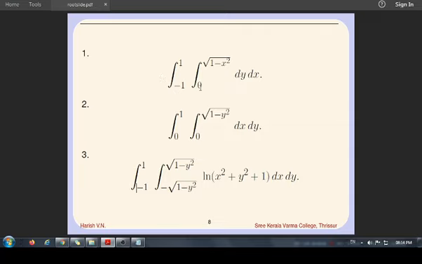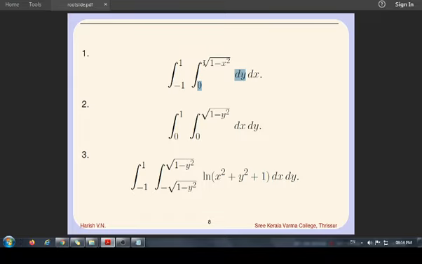So here integration with respect to y. So y varies from 0 to square root of 1 minus x square. So what is y equal to 0? Y equal to 0 is the x axis, and y is equal to square root of 1 minus x square is the upper half of a semicircle of radius 1.